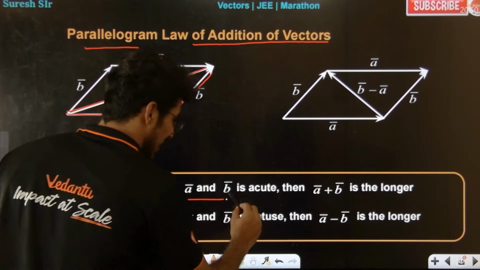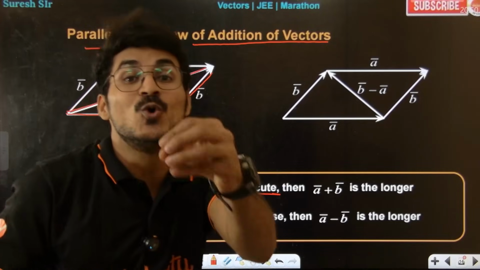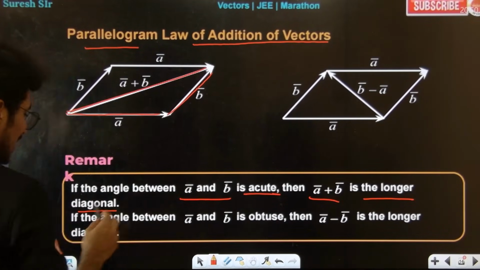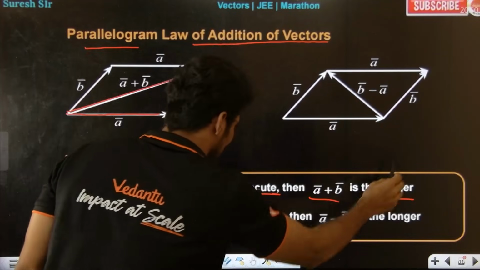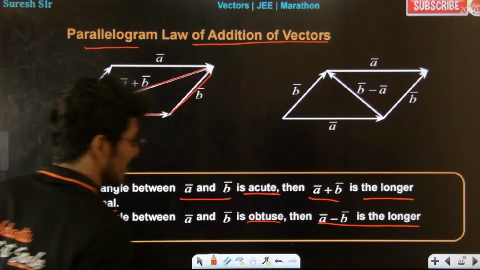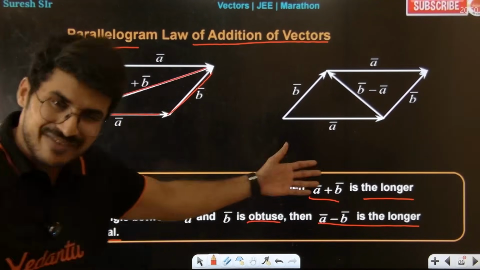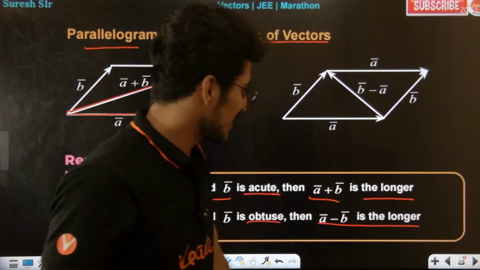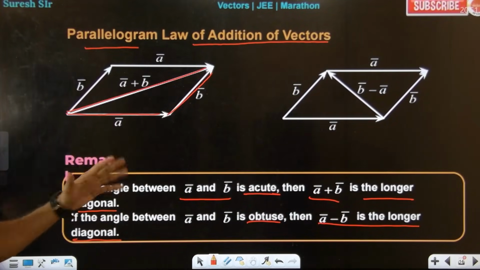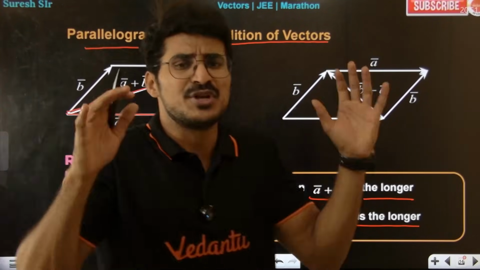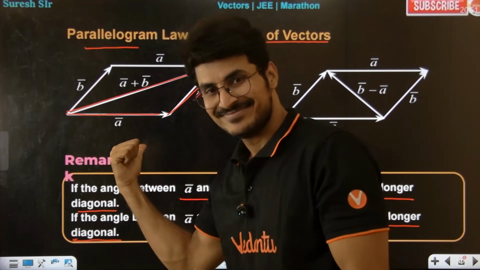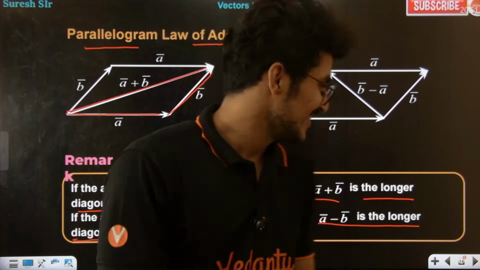If the angle between A and B is acute, then A plus B is the longer diagonal. If the angle between A and B is obtuse, then A minus B is the longer diagonal. Very simple points. Now the next question. These are the basic concepts which everybody might have studied. If not, this is a slide for you.